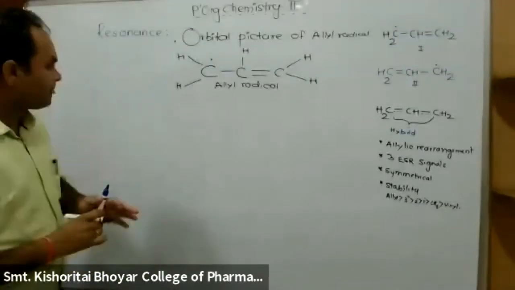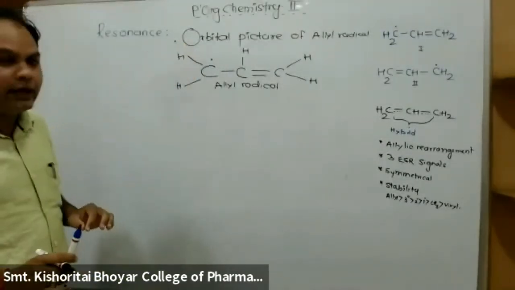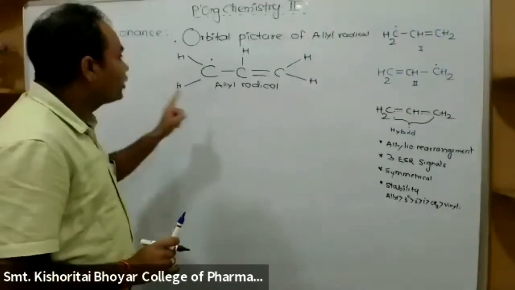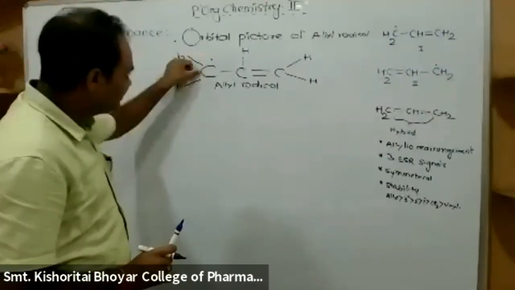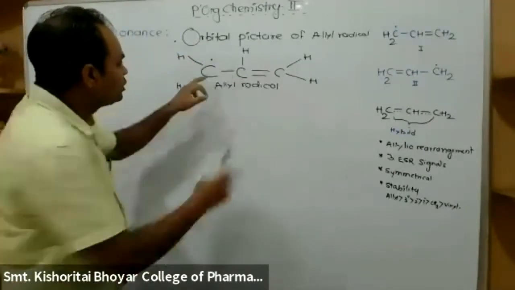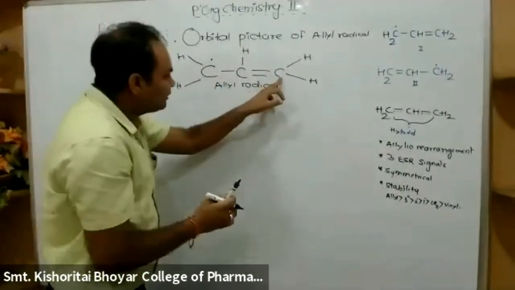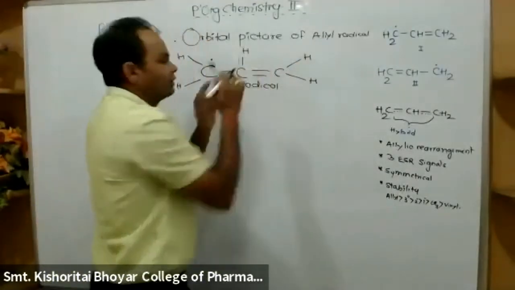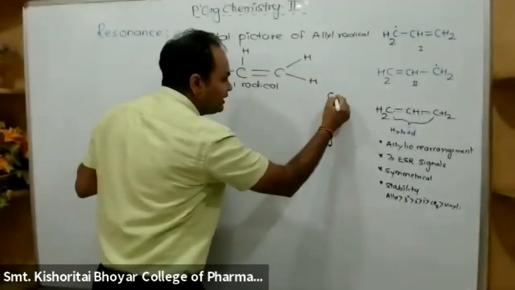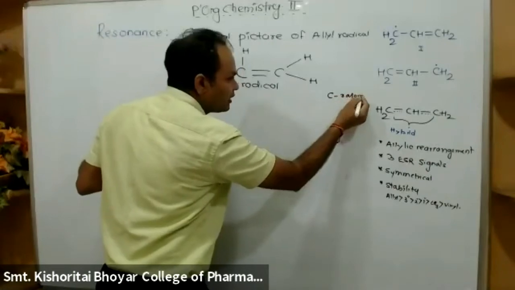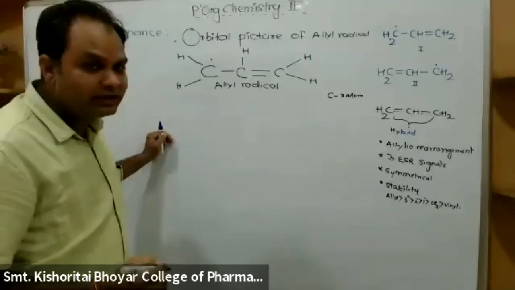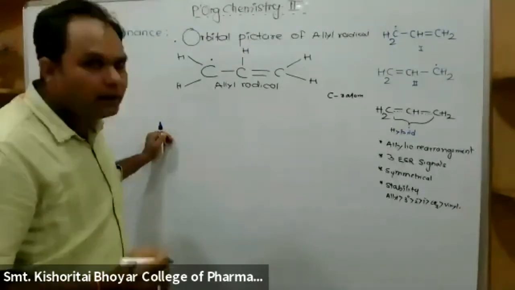Now this structure contains 3 carbons, and each carbon is bonded to 3 atoms. This carbon is bonded to 2 hydrogens and 1 carbon. This carbon is bonded to 2 carbons and 1 hydrogen, and this carbon is bonded to 2 hydrogens and 1 carbon. So in this way, each carbon is bonded to 3 atoms. What is the type of hybridization?